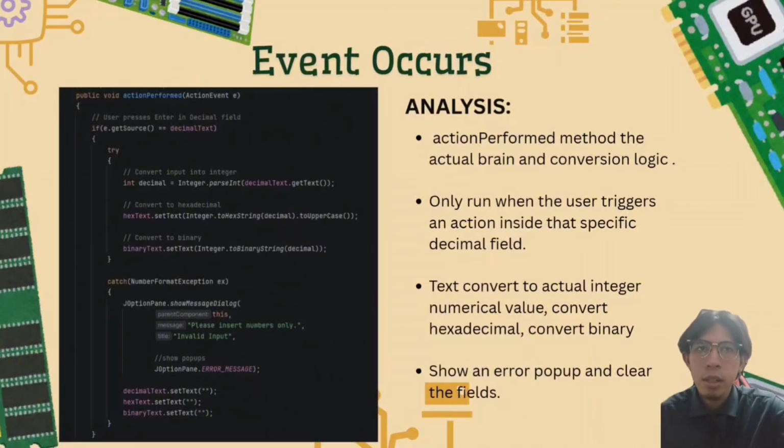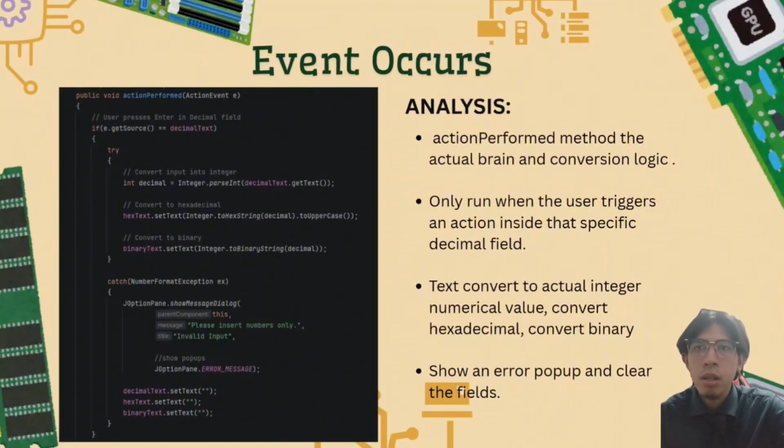The code Integer.toHexString(decimal).toUpperCase() converts that number into a hex format, makes it uppercase, and sets it into the hex text box. And the last step is convert to binary. The code Integer.toBinaryString converts the same number into base 2, which is binary, and sets it into the binary text box.